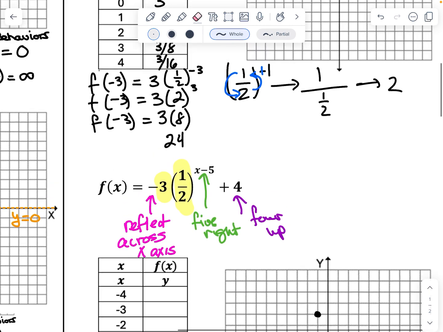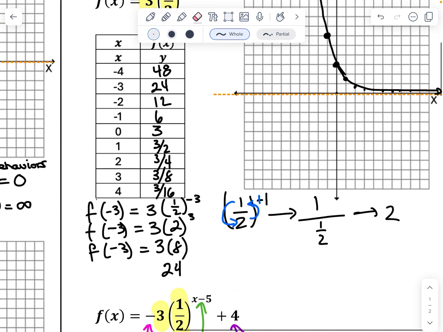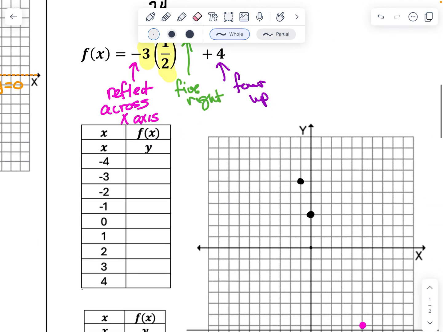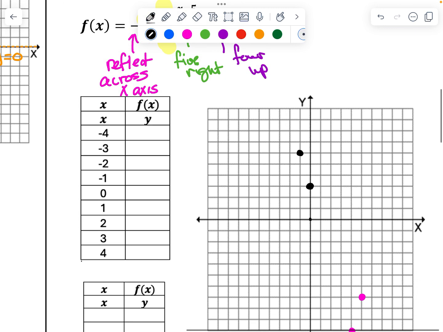Let's pick another point. Let's pick the point (1, 1 1/2). So the point (1, 1 1/2) is right here. Let's move it 5 spaces to the right: 1, 2, 3, 4, 5. That puts it right there.